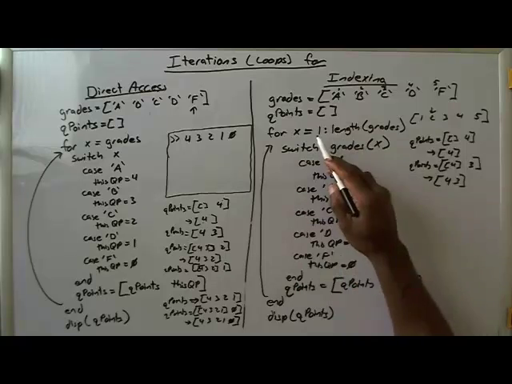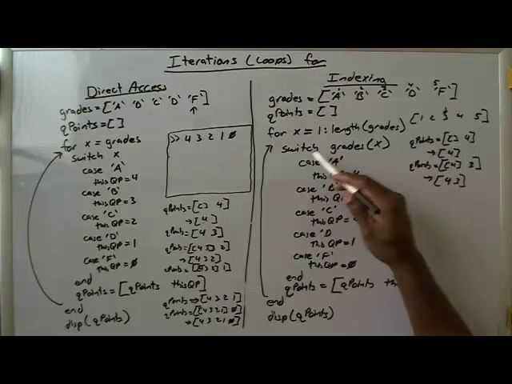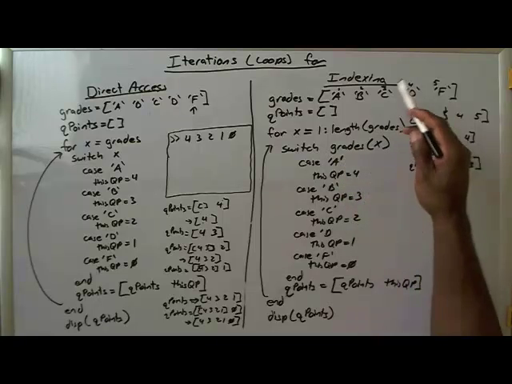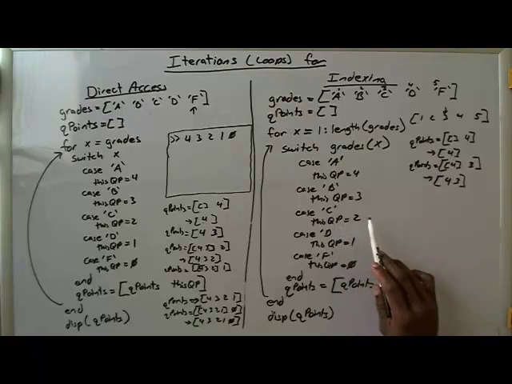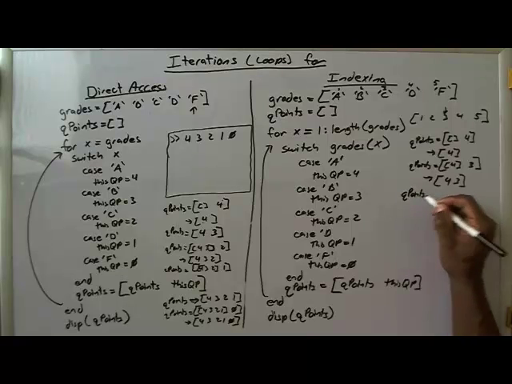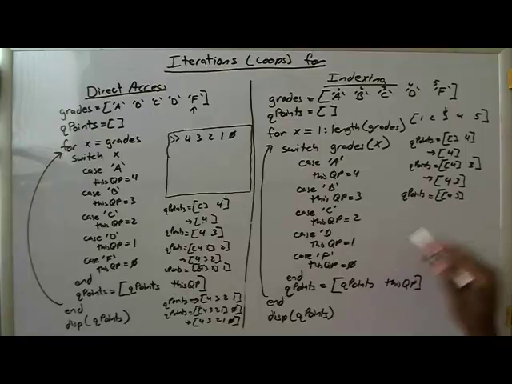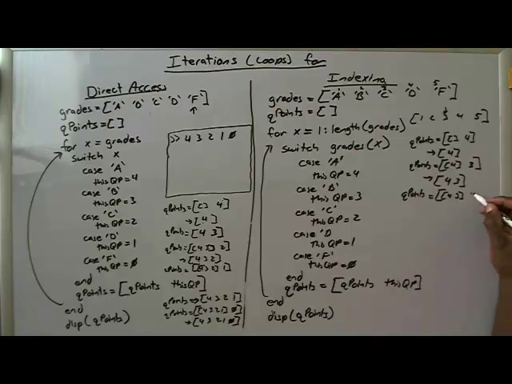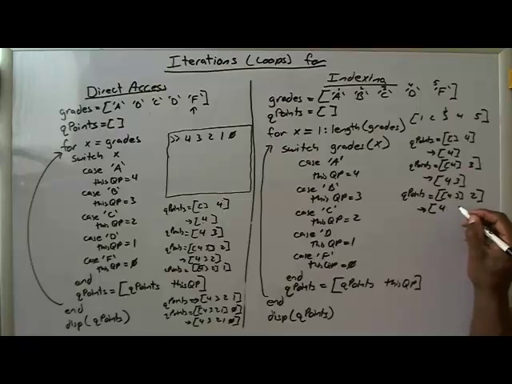I come back up to the top, x is now 3. Switch on grades indexed at 3 is C. I do my case, this QP is now 2. So I go down here and I do my concatenation. Q points equals the old Q points here, which is 4, 3, concatenated with the value of this QP, which is 2. So now Q points is equal to the vector 4, 3, and 2.